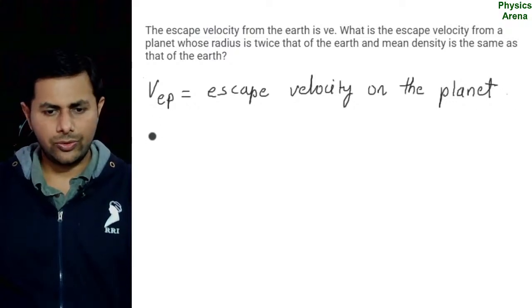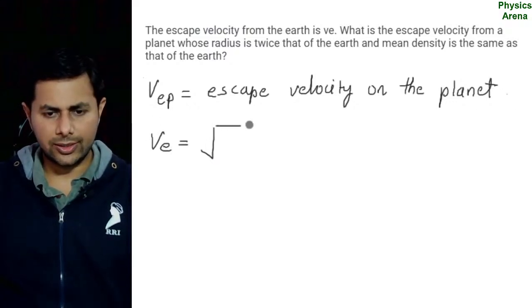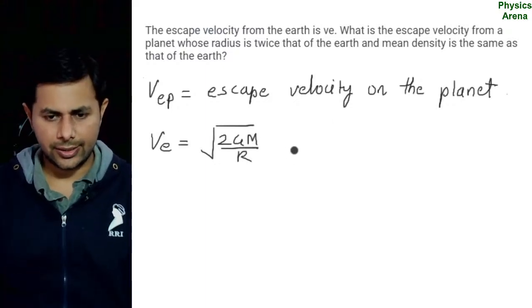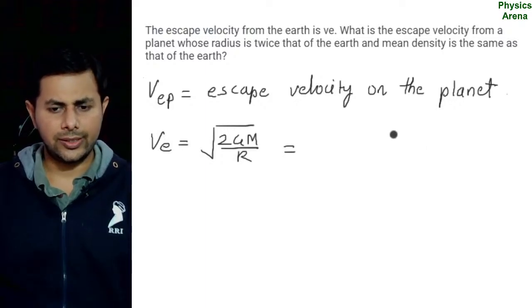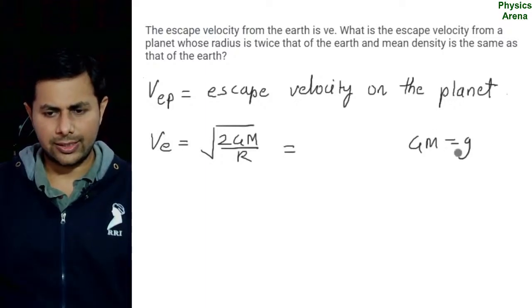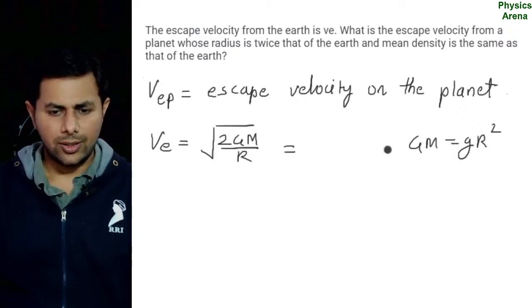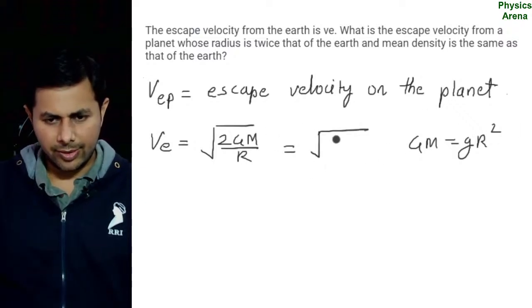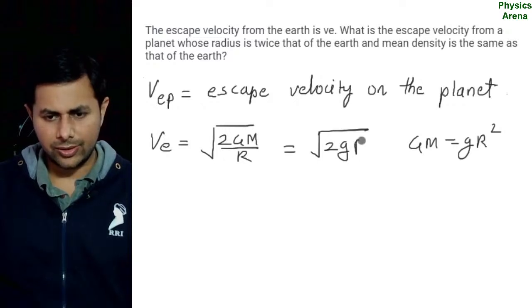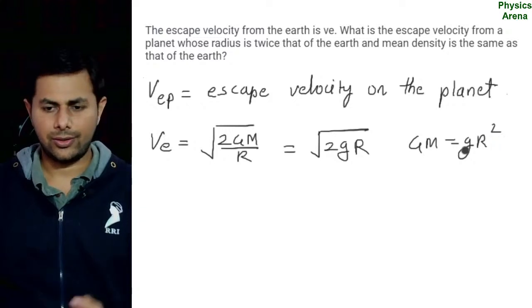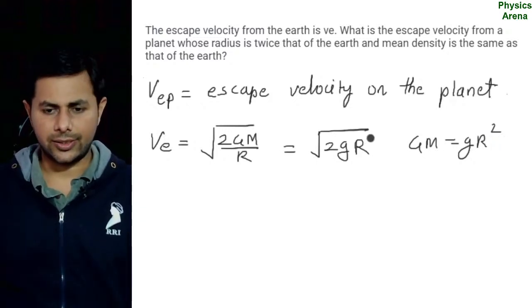All right, so we know this formula for escape velocity, it is square root of 2GM per r. There is another formula, when you replace this GM by g times r squared, you get that other formula. So it can also be written as square root of 2gr. If you substitute GM equals to gr squared, or g equals to GM over r squared, we can write it like this.